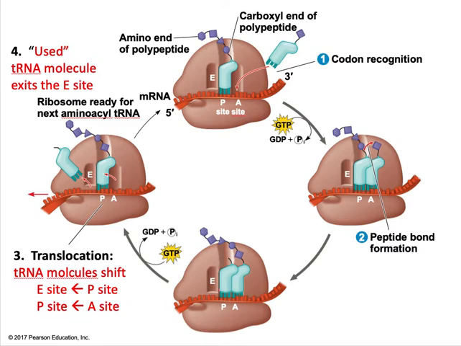In translocation, the tRNA from the A site is moved over to the P site. The tRNA in the P site is moved over to the E site. And that tRNA in the E site is then exited, or ejected, from the ribosome like this. All right. So that is how an individual amino acid is added to a growing polypeptide during translation.